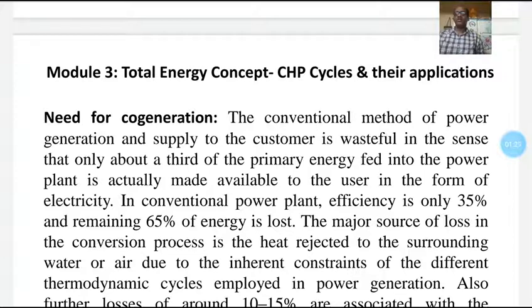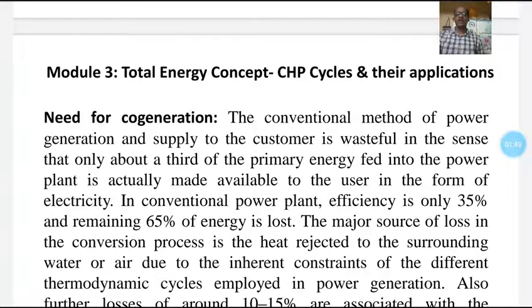Now the conventional power generation and supply to the customer becomes wasteful, in the sense that only a fraction of energy can be converted into useful energy.